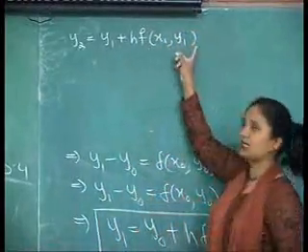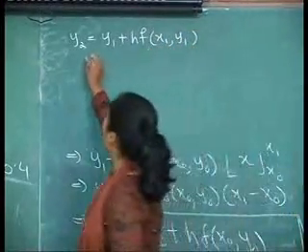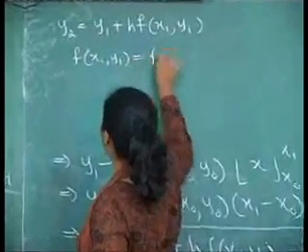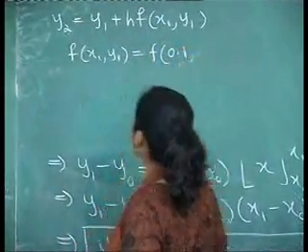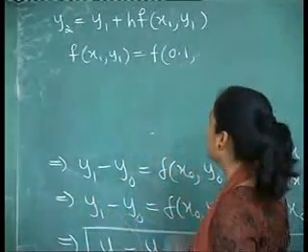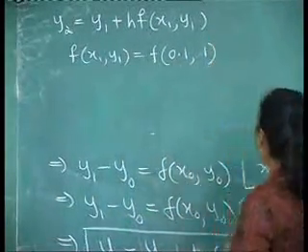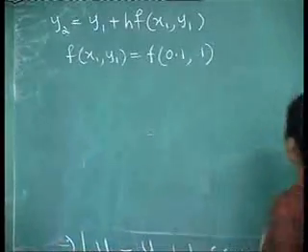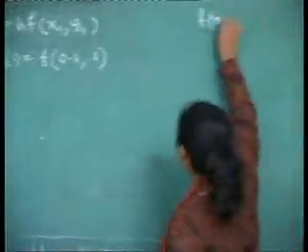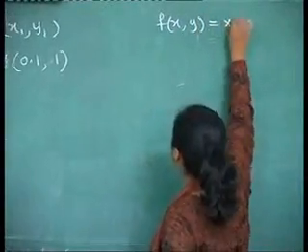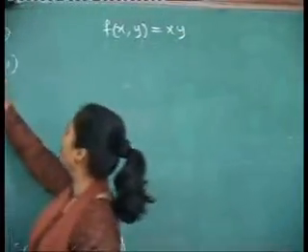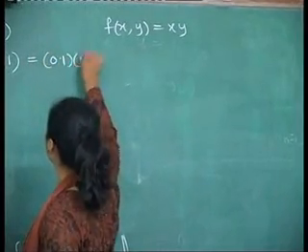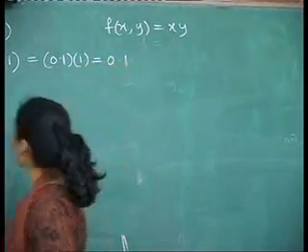Let me calculate this separately. f of x1, y1. x1 is 0.1 and y1 we have calculated just now in the previous step. y1 is equal to 1. And remember what is f of xy. If you want to write it here again, f of xy is x into y. So f of this into this comma this will be 0.1 into 1, that is 0.1.